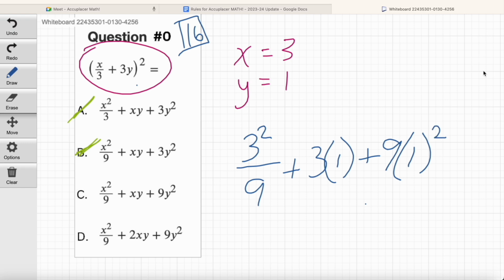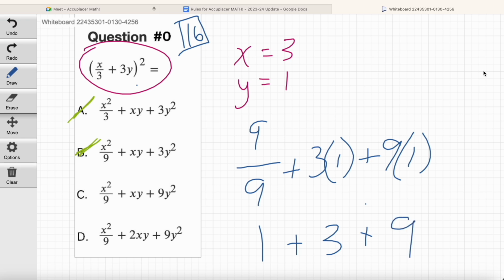Okay, good. Let's do the exponents first. 3 squared is still 9. And then 1 squared, of course, is still just 1. What's 9 divided by 9? 1. So that's going to be plus 3. Got it. Plus 9 times 1, which is 9.